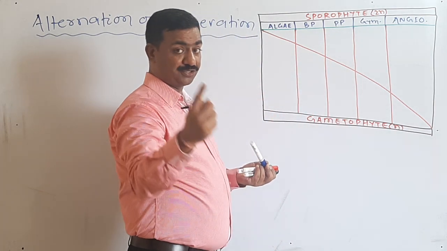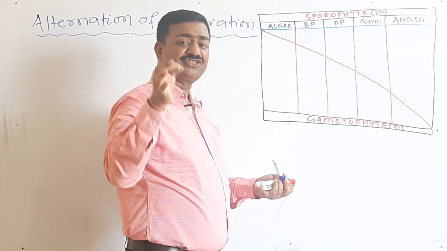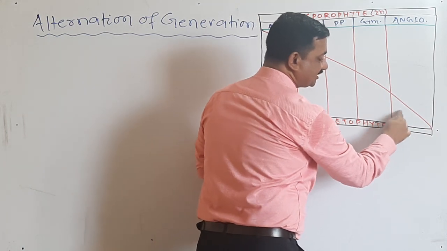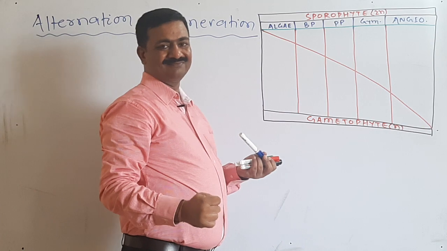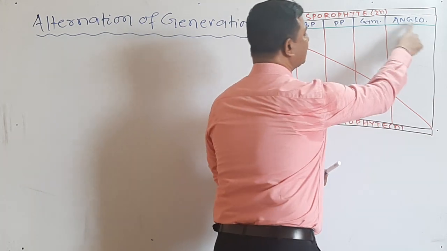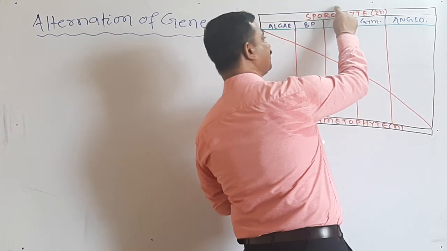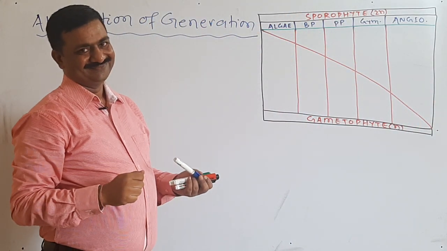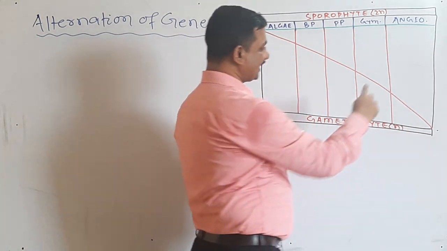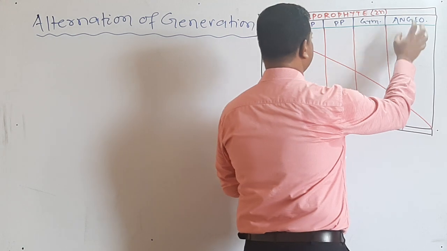So a question will come. Can you give an example of the most reduced gametophyte? Yes, the most reduced gametophyte is this very small stage, and this is of angiosperm. On the contrary, while the gametophyte is very reduced, this one is very advanced, very elaborated, and this elaborated structure is the sporophyte, the 2n body. So one phase has a reduced structure, the gametophyte. The second phase has a very advanced and elaborated structure, the sporophyte.